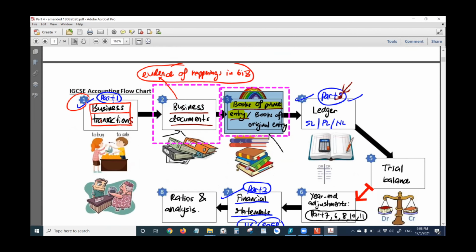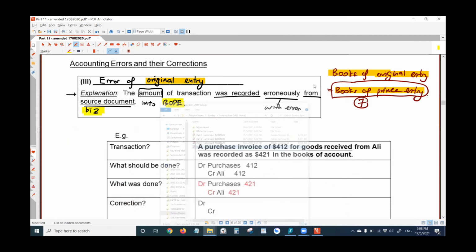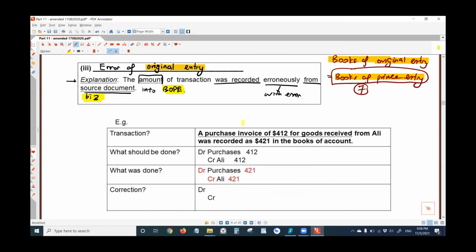Now coming back to here. This error is about you having recorded the amount wrongly when you are recording the document into the books of prime entry.